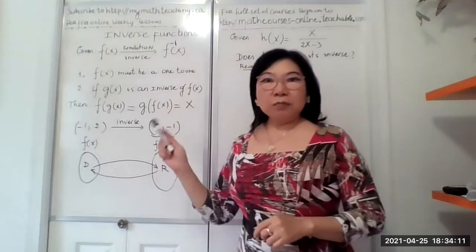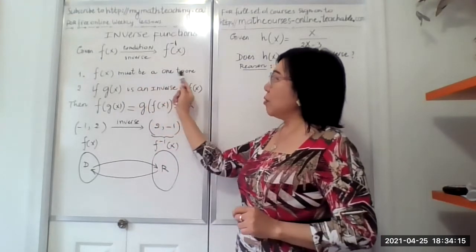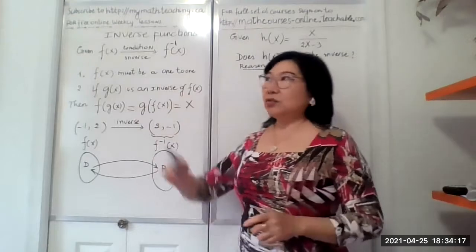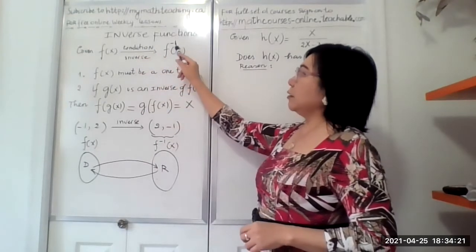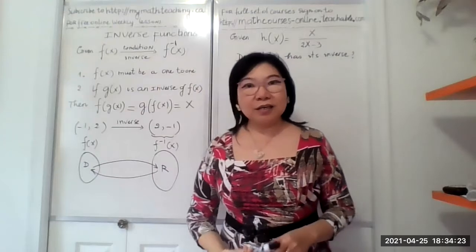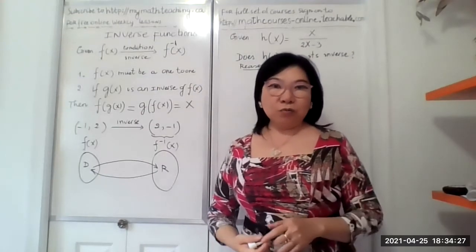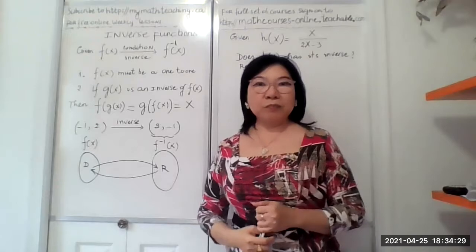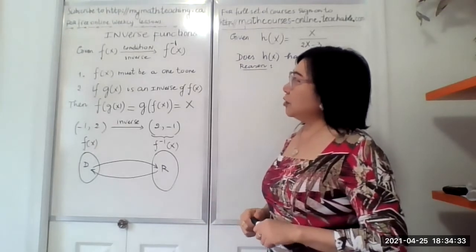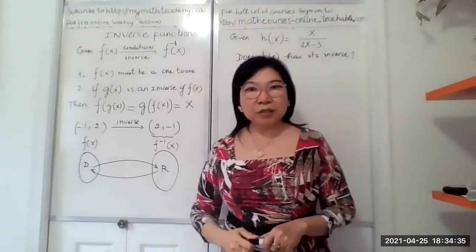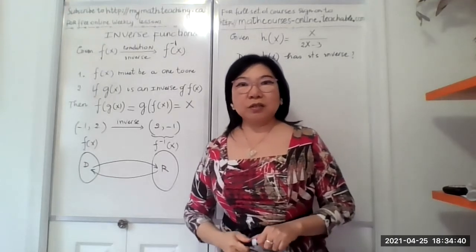On the board, I wrote that f(x) must be a one-to-one function for the condition of having an inverse function. In my previous video, we were talking about that as well. So the condition for a function to have its inverse is that it must be a one-to-one function.